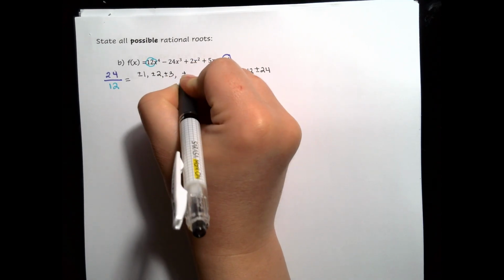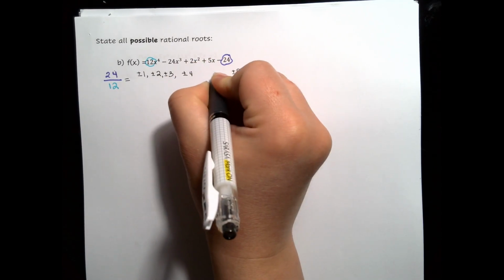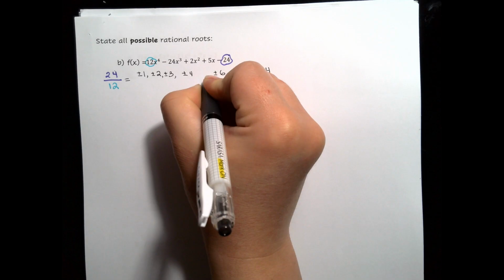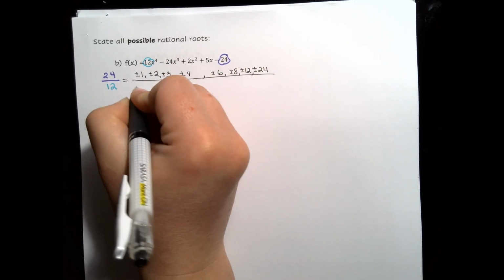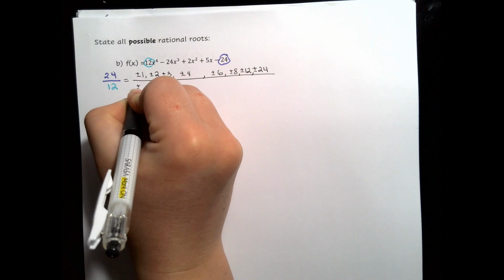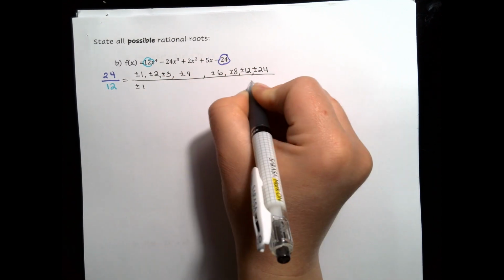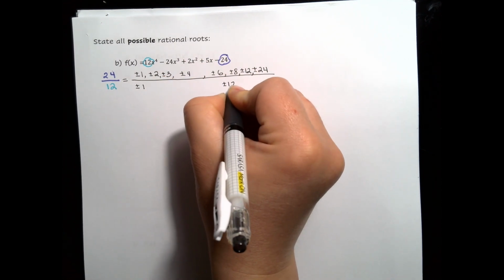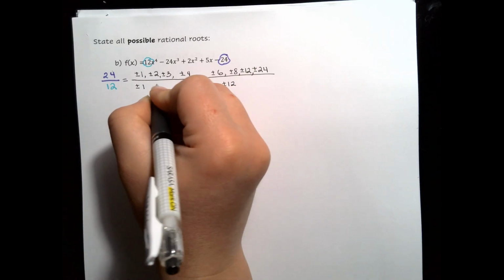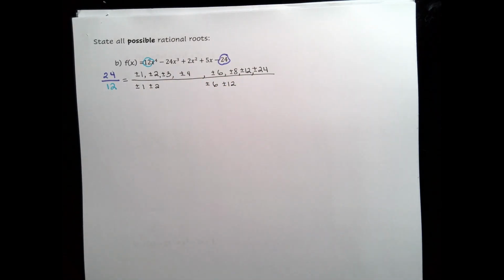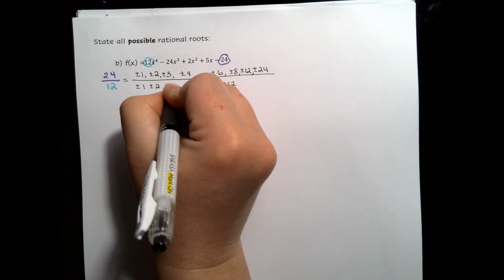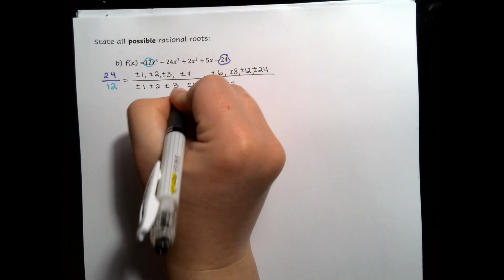Then I have 4 times 6 is 24. And then in the denominator, I have 1 times 12 is 12. 2 times 6 is 12. 3 times 4 is 12.